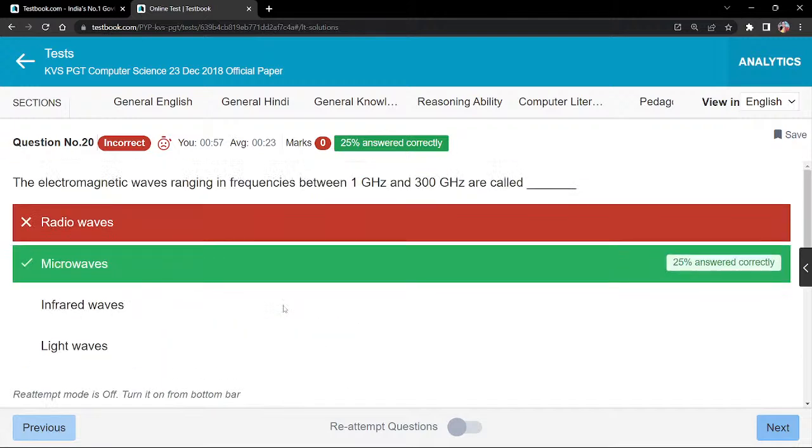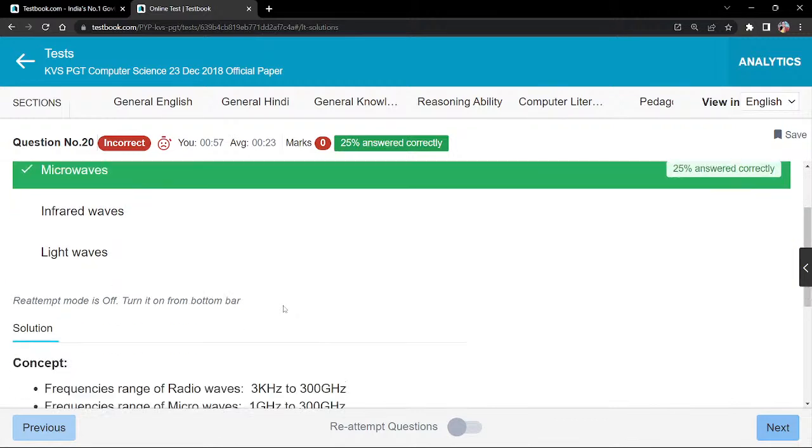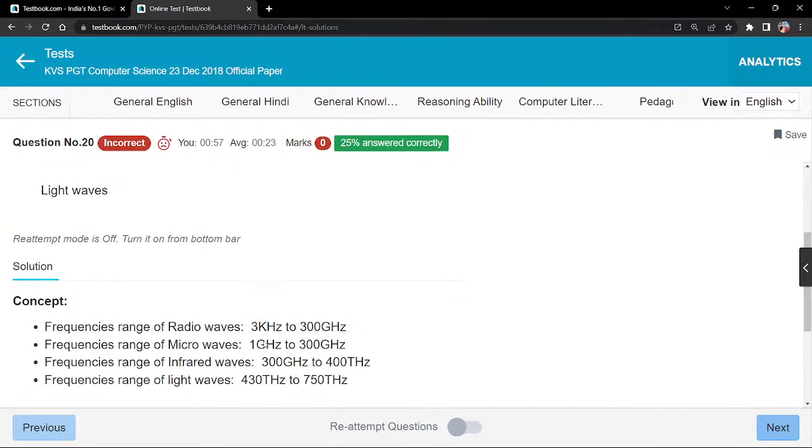Radio wave and microwave are not the same; microwave starts from 1 gigahertz and radio wave from 3 kilohertz. Infrared wave is 300 gigahertz to 400 terahertz, and light wave is also greater.